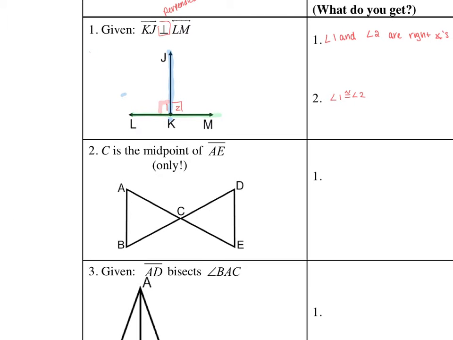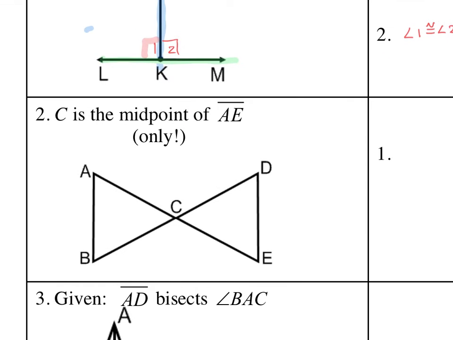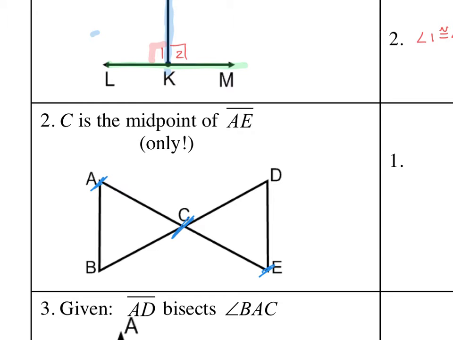Now, C is the midpoint of AE only. So I'm not saying C is the midpoint of BD, I'm saying C is the midpoint of AE. So when I look at my image, I start at A and end at E. I'm saying C is the halfway point. So if I look, I just broke up AE into two segments, AC and CE.